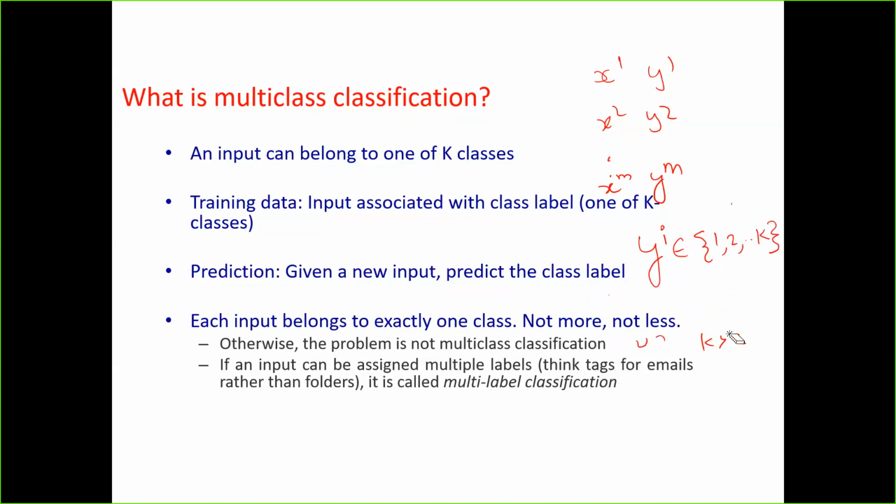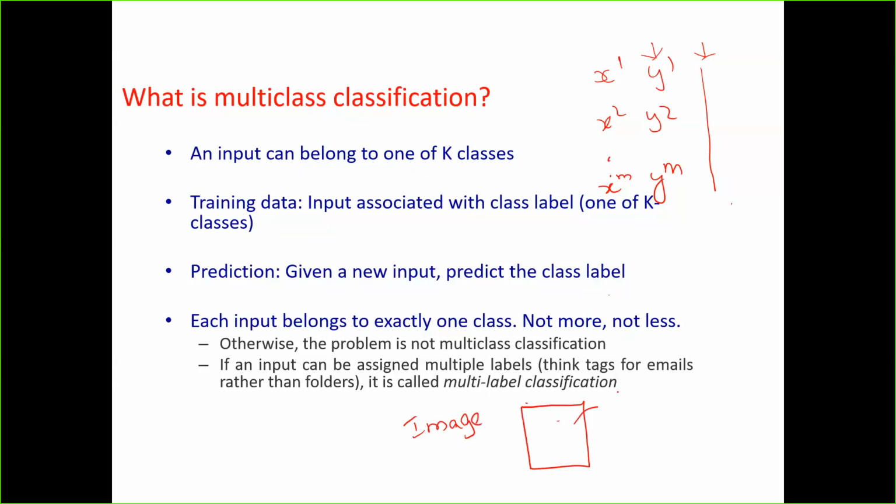Now, instead of one target value, let's say you have multiple target values. Let's say yi is not a single variable, it's a vector. So you have one column of y's here, another column of y's, another target. Let's say there is an image given to you. The image contains multiple tags: there is a fish in the image, there is water in the image, there is a tree in the image.